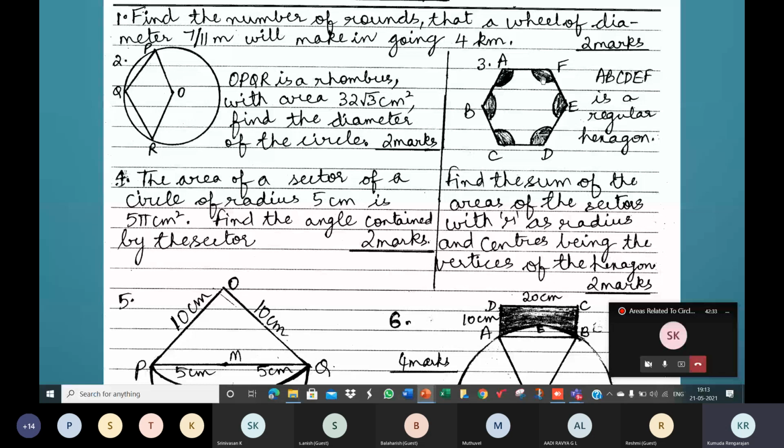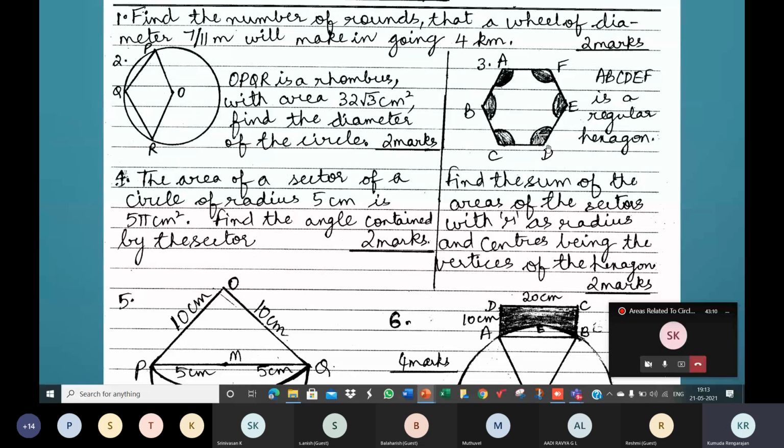Now this is a sector. Which is the center of this sector, children? F. What about the radius of the sector? R. Which is the center of this sector?